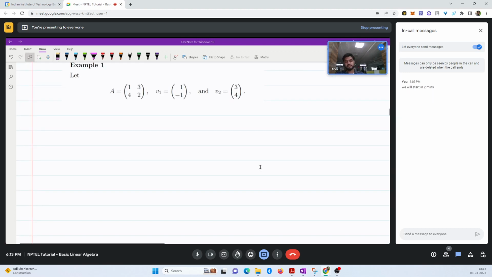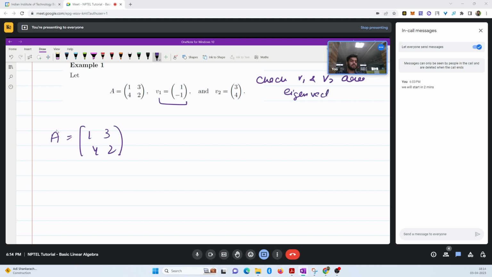Okay, so let's say you have a matrix given by A is equal to 1, 3, 4, 2, right? Now you are given two vectors. You have to check if v1 and v2 are eigenvectors, and if they are, you have to find their eigenvalues.